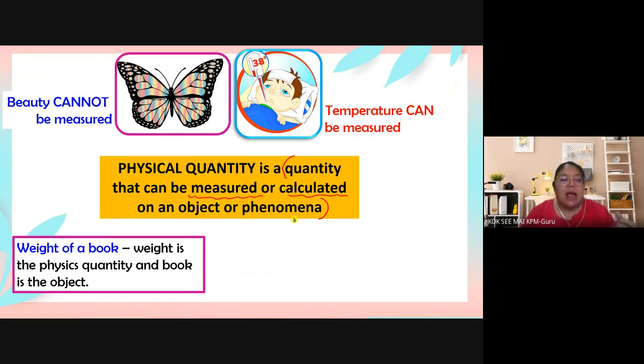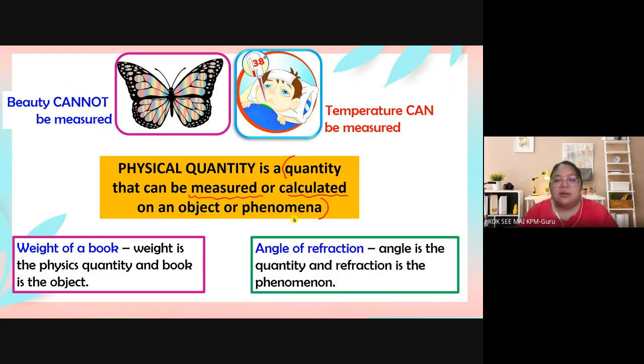Or a phenomenon: angle of refraction, when the light goes in, it is refracted and passes through, so that means angle is a quantity. Angle is something I can measure with a protractor. Then refraction is a phenomenon, a situation. So we can also measure the angle of refraction of the light.